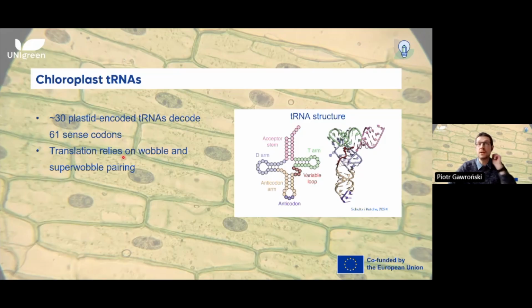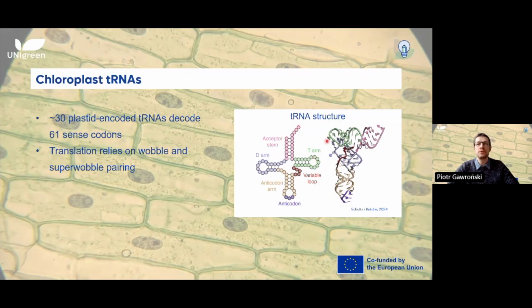The tRNA molecule has a conserved secondary and tertiary structure. In the secondary structure, we can distinguish key functional elements, which include the anticodon stem loop, the D and T arms, and the acceptor stem, which binds the amino acid.